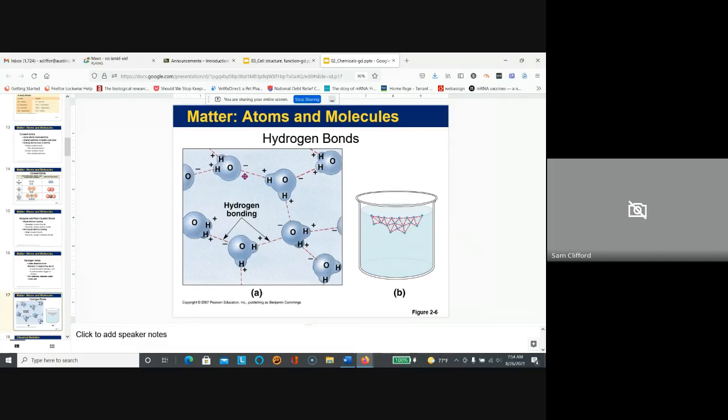That dashed line represents a weak attraction called a hydrogen bond, and it explains many characteristics of water, such as high boiling point and the ability to be a universal solvent, and a very high heat capacity because these hydrogen bonds have to be broken. That's very important because water is the main way we cool ourselves and the main reason humans can spread all over the earth.